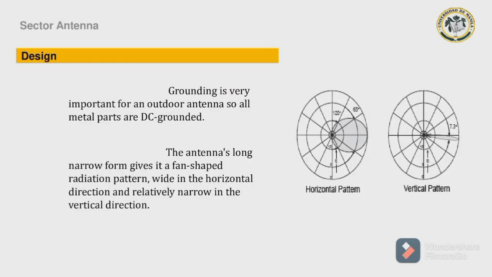Grounding is very important for an outdoor antenna, so all metal parts are DC grounded. The antenna's long, narrow form gives it a fan-shaped radiation pattern, wide in the horizontal direction and relatively narrow in the vertical direction.